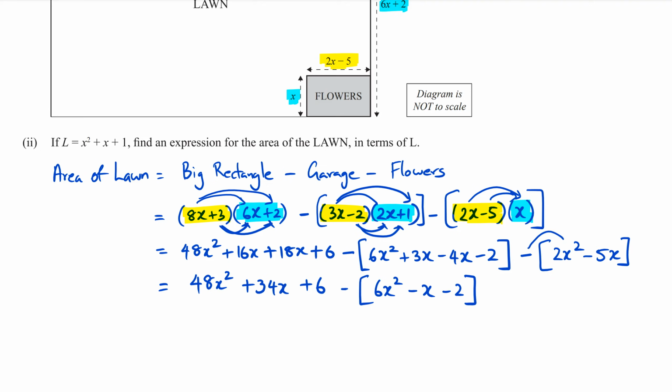So negative times 2x squared is negative 2x squared, and negative times negative 5x is plus 5x. Now I need to remove that last bracket, but I'm going to simplify things along the way anyway, because I've got 48x squared minus 2x squared is 46x squared. Then I have 34x and 5x, which equals 39x.